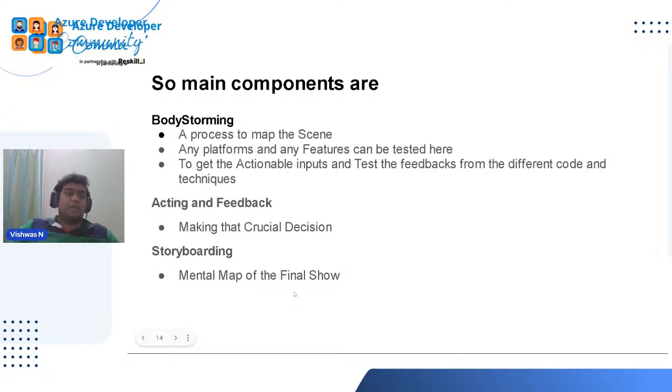So acting on the feedback and making a crucial decision is one of the best things, because acting is basically digitally simulating all these components, and now we are going towards how you can storyboard it and make it work in your entire infrastructure. Storyboarding is a mental map to the final show, where you analyze the scene not frame by frame, but at least instance after instance. And that's going to be awesome.